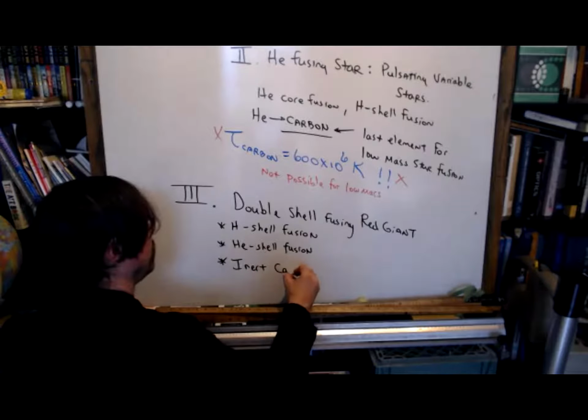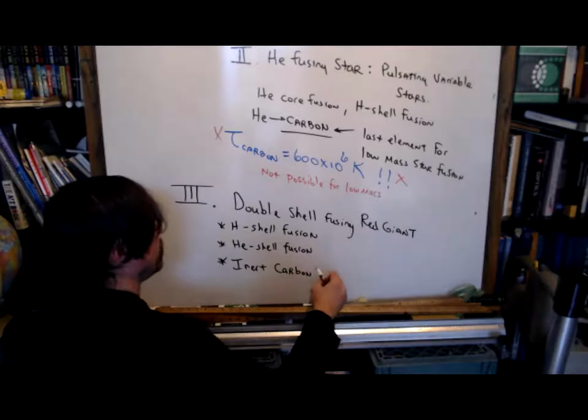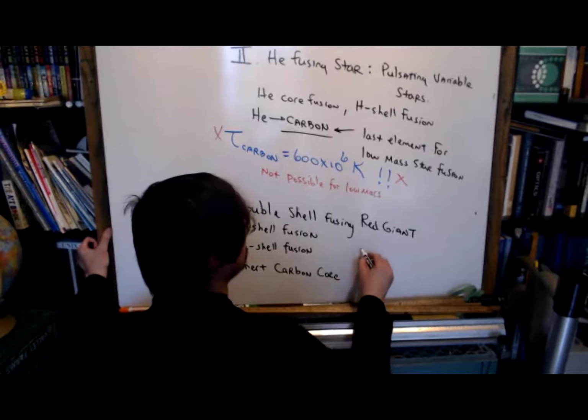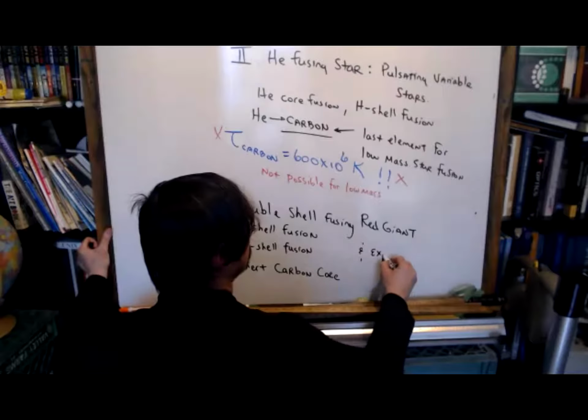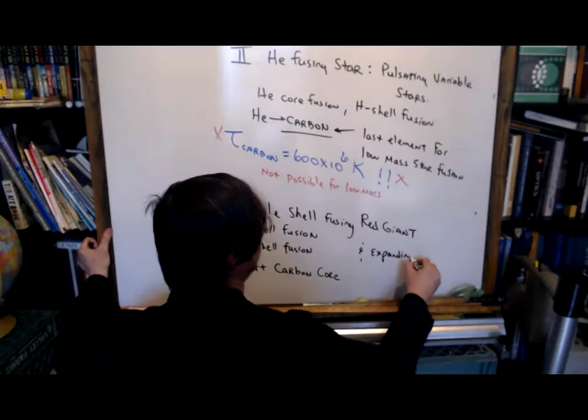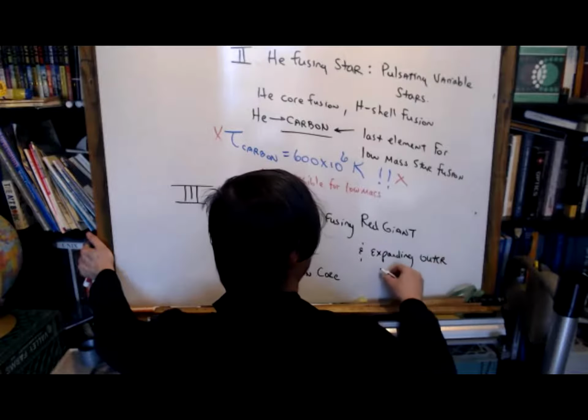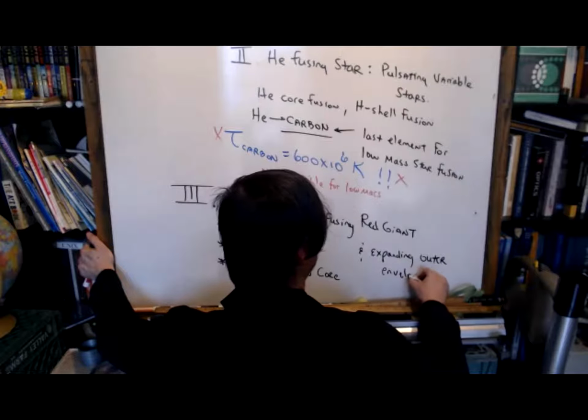This is very important. This inert carbon core will turn into a white dwarf, and a very rapidly expanding outer envelope.